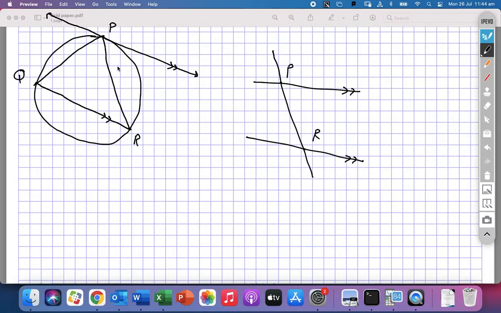I want to say this angle's the same as this angle. All right, that would be alternate angles. We could say corresponding angles are equal. I can't really see that. I suppose we could have co-interior angles adding up to 180.